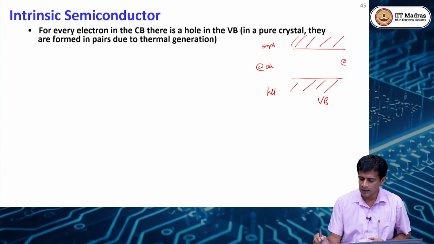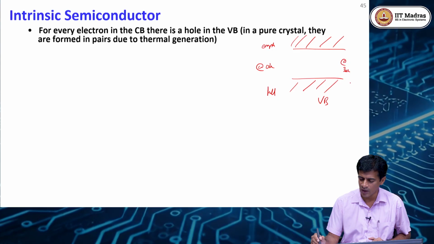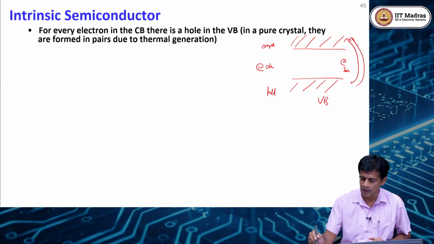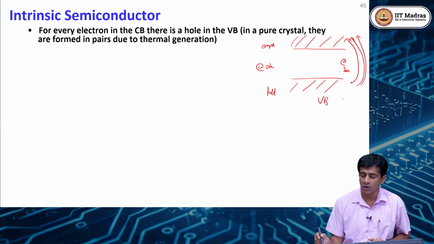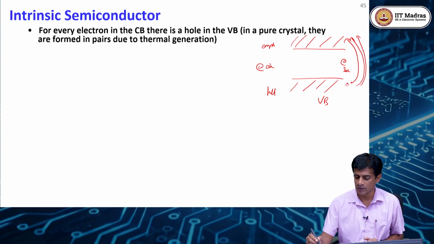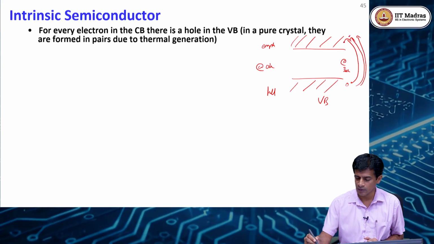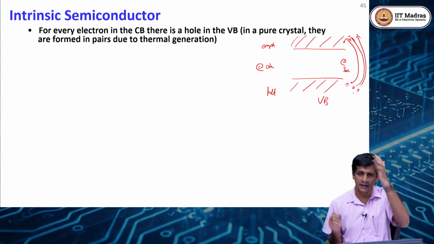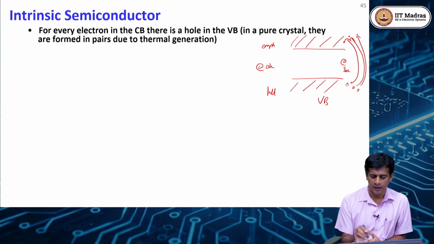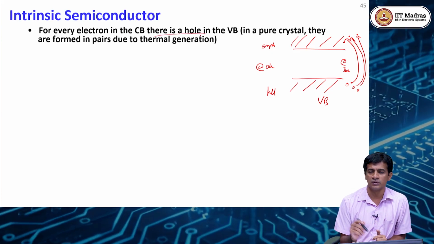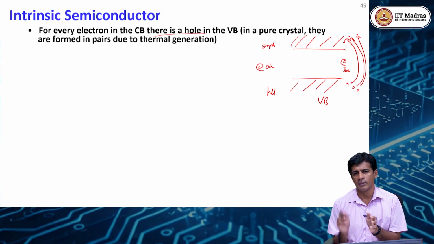At 300 Kelvin, you have electrons that may go from here to here. Whenever an electron goes from the valence band to the conduction band, it leaves a hole behind. So whenever an electron is created, a hole is also created. They always form in pairs.